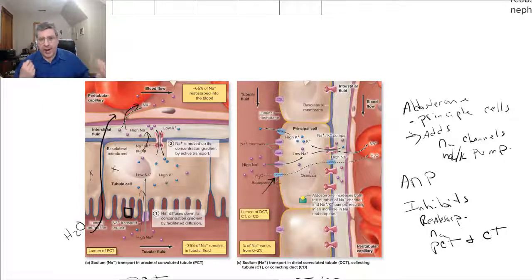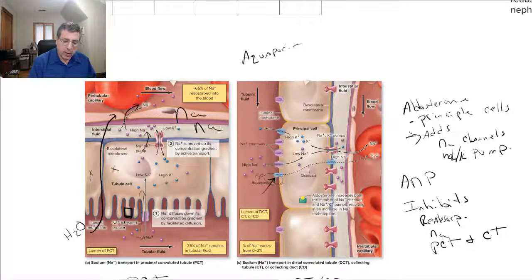It's called an aquaporin. Let me write that one out. An aquaporin is just a channel or a pore for water, okay? So if we have a higher concentration of sodium on this side, okay, water is going to move in that direction, okay?